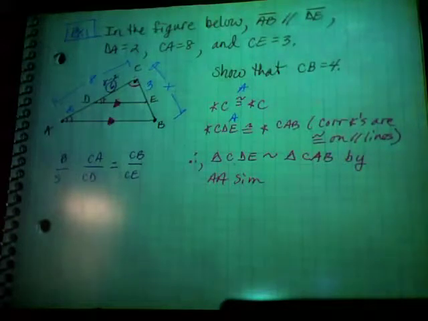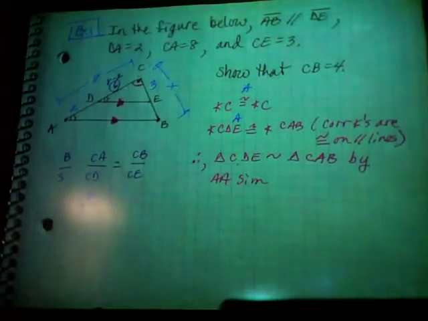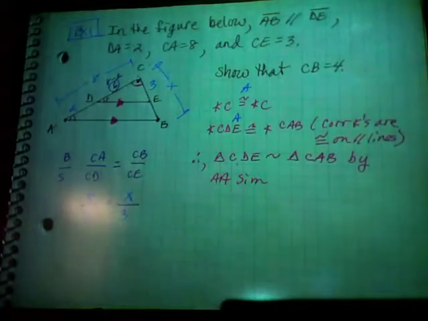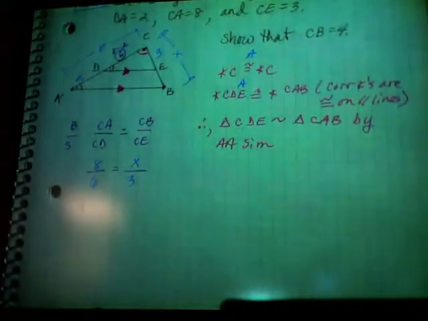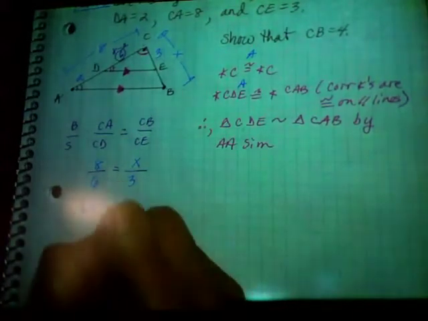Then I'm just going to fill in the information that we have. So CA is 8. CD is 6. And then CB, we're going to let be X, and hopefully X will turn out to be 4. And then CE is 3. So all that's left is to cross multiply and solve. So I've got 6x is equal to 24.